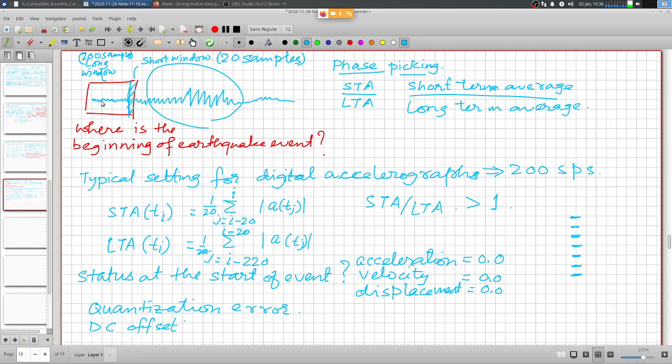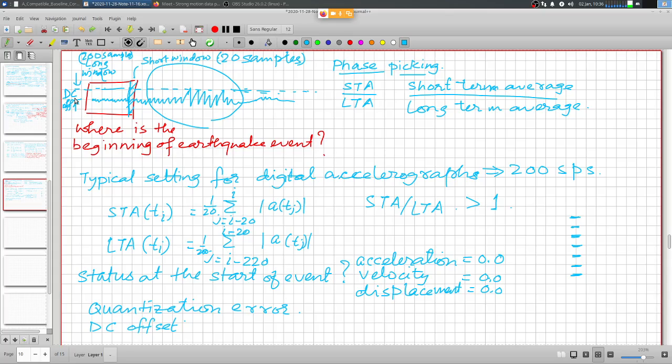The baseline will shift somewhat, a constant level down, and the signal will oscillate around that DC offset. This is what we refer to as the DC offset.